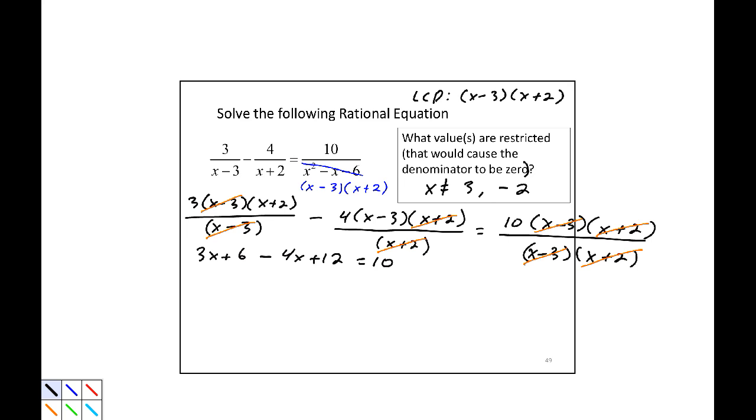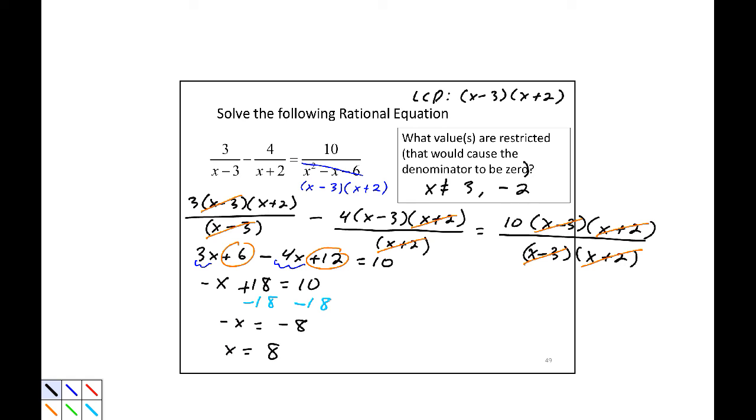All right, combining like terms, I have a negative x and plus 18 equals 10. So now I will subtract 18 to get negative x equals negative 8, which means that x equals positive 8.